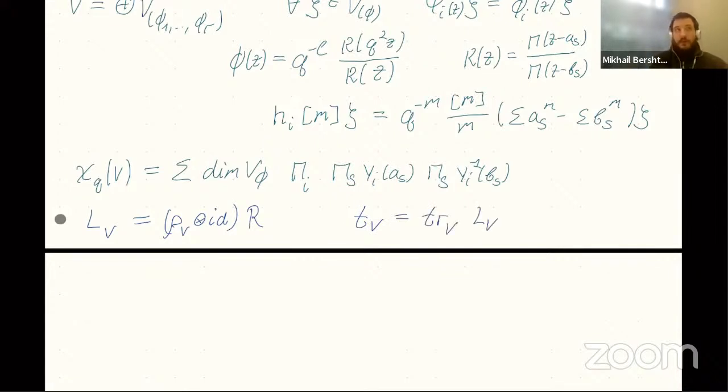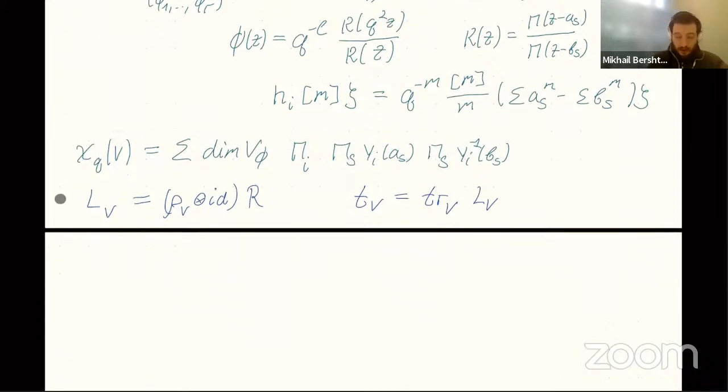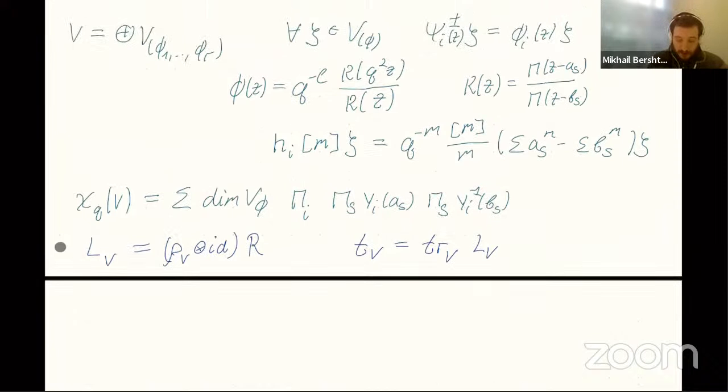And if V depends on some evaluation parameter, then of course we write L_V of u and so on. And I claim that actually this Q character should be viewed as a T_V to which we applied the Harish-Chandra projection.